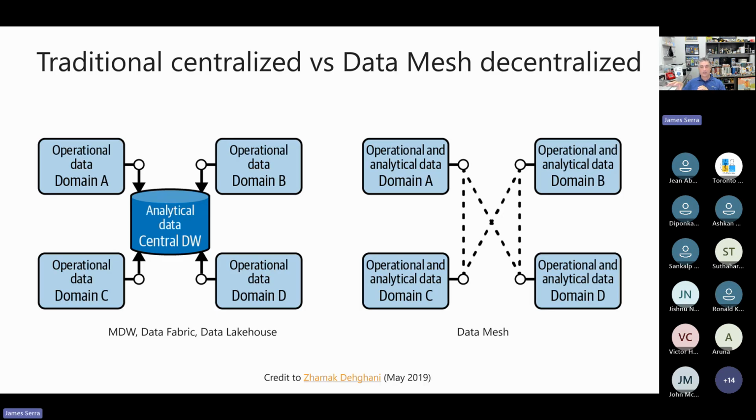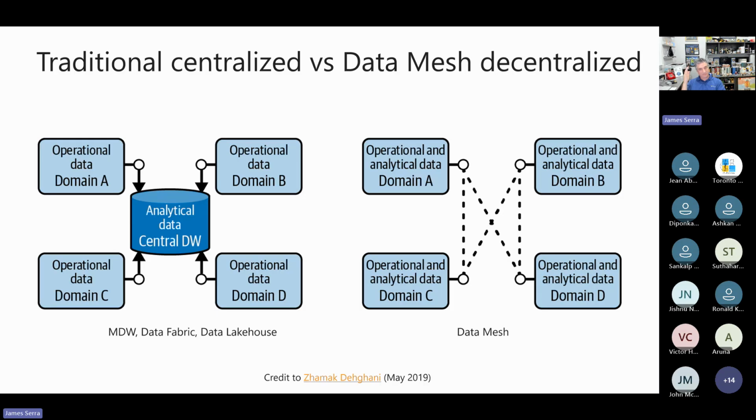Instead, each domain, which could be, say, HR or finance, they are the ones that are taking operational data and converting it to analytical data in their own domain. And then they provide a way for other domains to use that data. So that's what it means by decentralized. All the data remains local. You're still creating analytical data. You're just doing it within each domain.